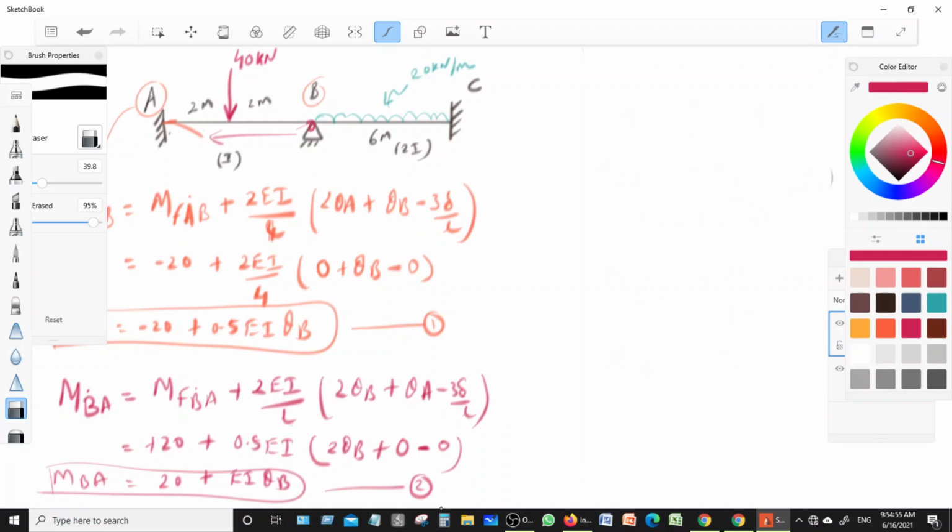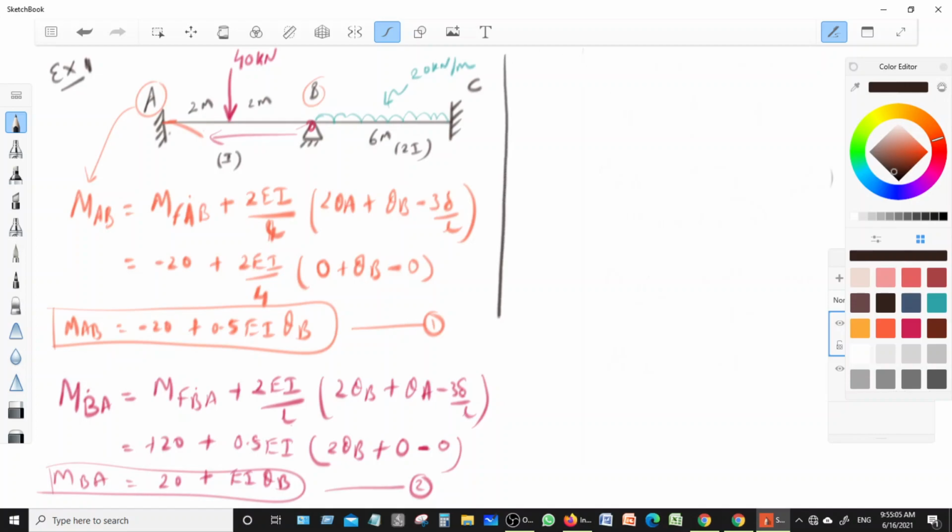So let me find out the equation for another segment of the beam, that is BC. Now we apply the same, that is moment at B for BC span is equal to the fixed end moment at B for BC span plus 2EI upon L2.